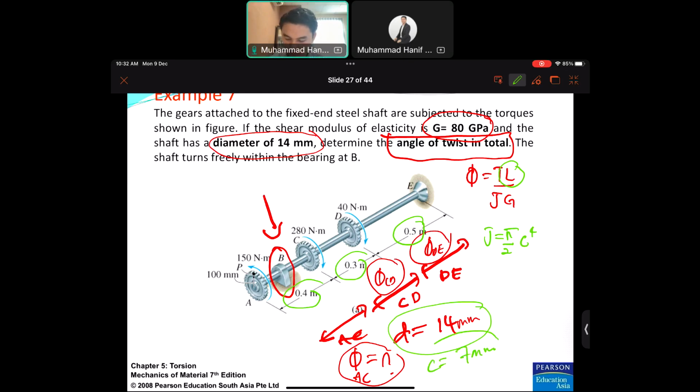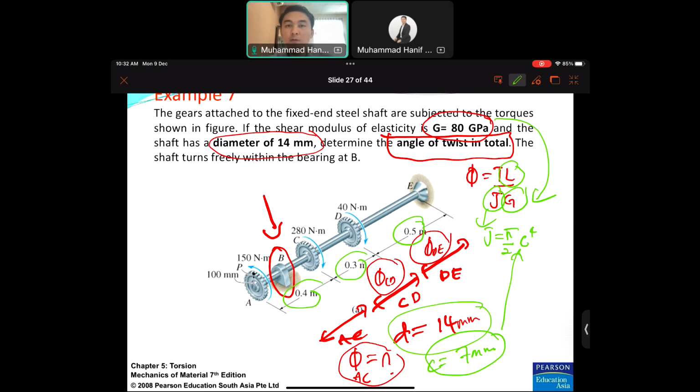Since the diameter is the same, it will be constant for every single beam. J is known, G is given. So the only thing that you need to find is T, the internal torsional load.